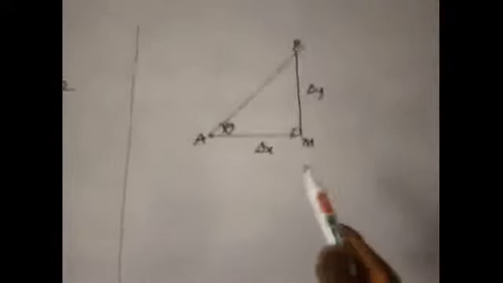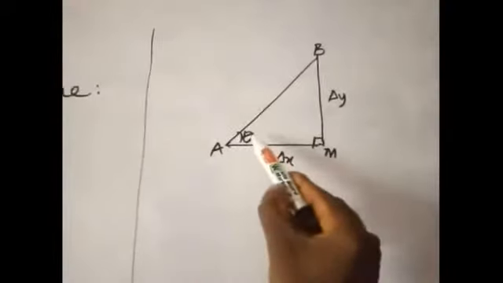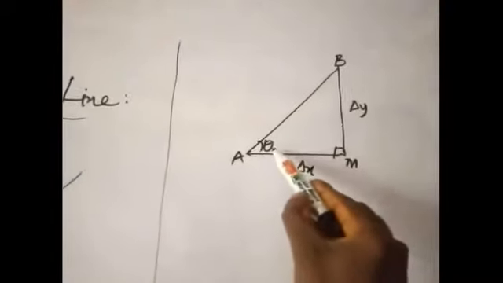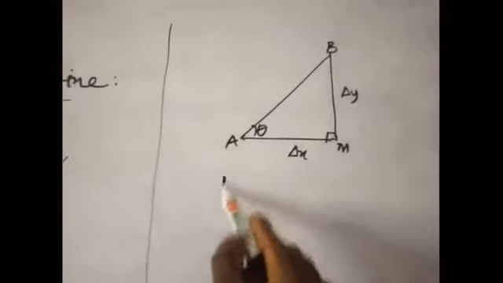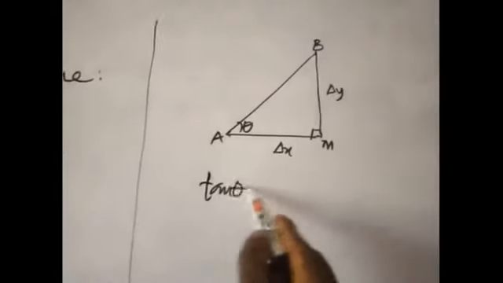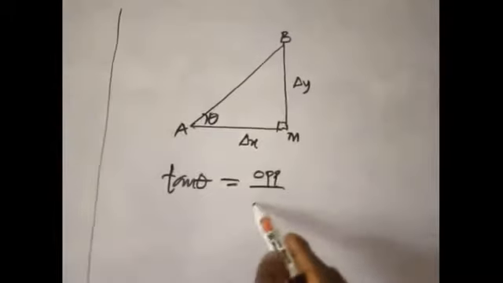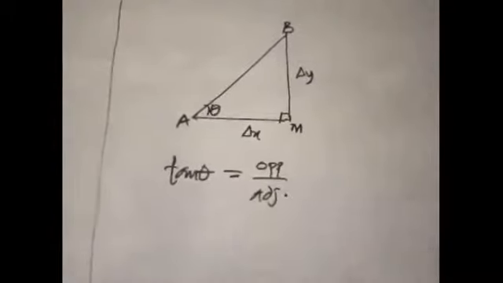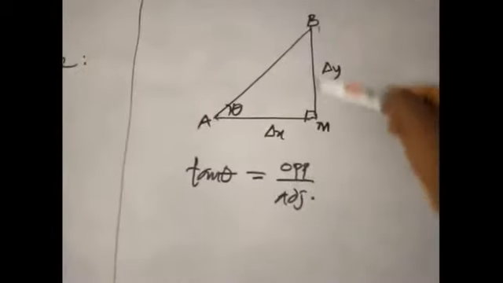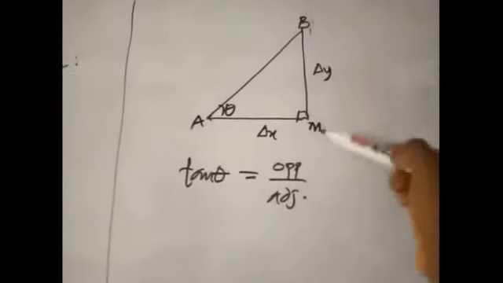We find from trig ratio, if you find the tangent of this angle, we see that tan theta equals opposite over adjacent. Opposite to this angle theta is change in y, which is BM.